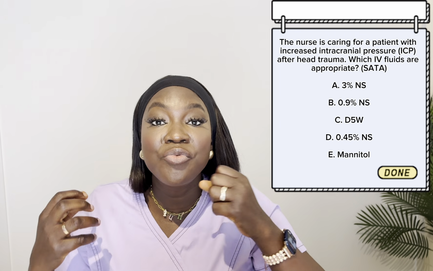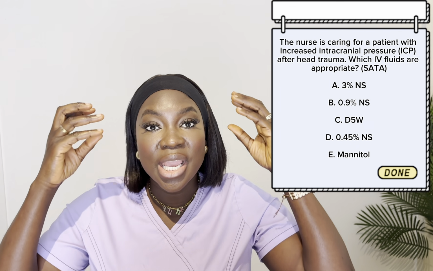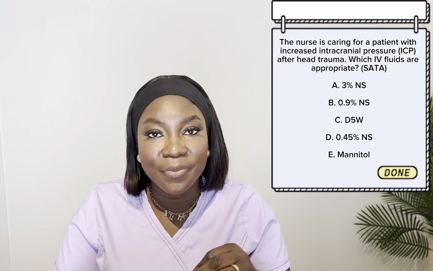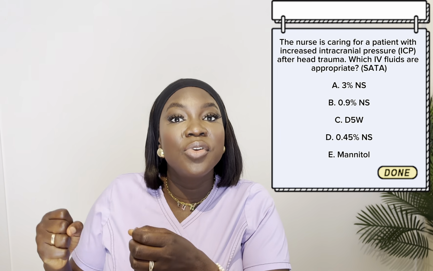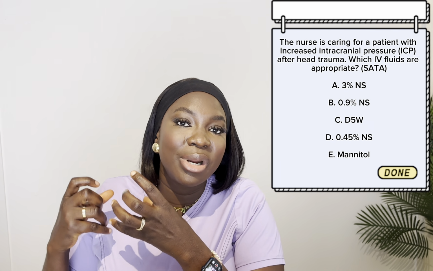So if you give them 3% normal saline, it will help to pull out water from the swollen brain cell into the bloodstream and reduce cerebral edema, because they're having increased intracranial pressure. There is increased pressure in the brain. So if you give them 3% normal saline, it will help to pull out some fluid from the brain cell, and that will help to reduce the cerebral edema and the intracranial pressure.